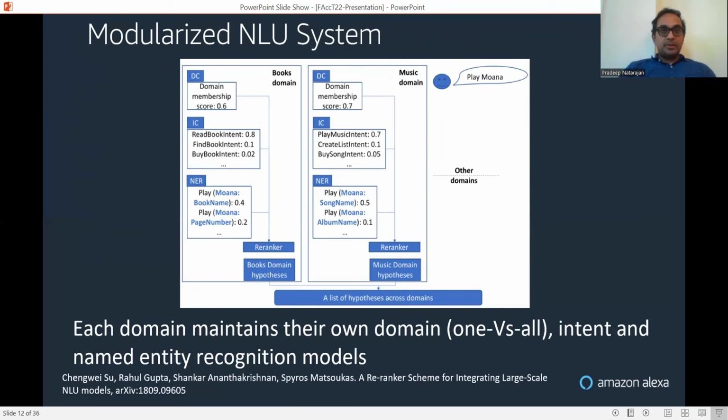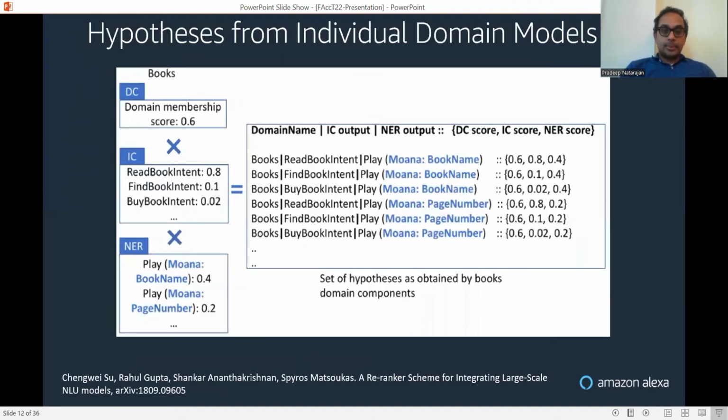Next, a re-ranker takes these interpretations from the different domain models and sorts them in order of confidence, and then produces a list of hypothesis interpretations across all domains. So this illustrates how the individual domains are generating their hypotheses.